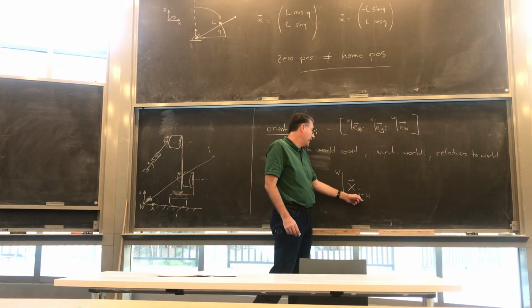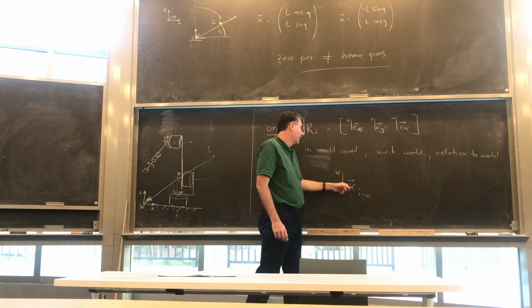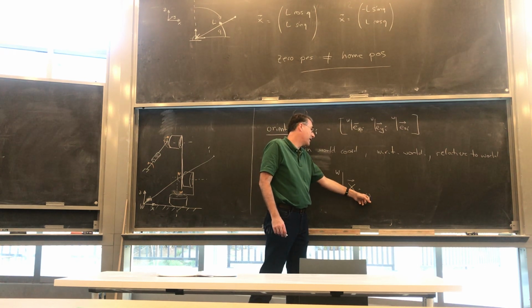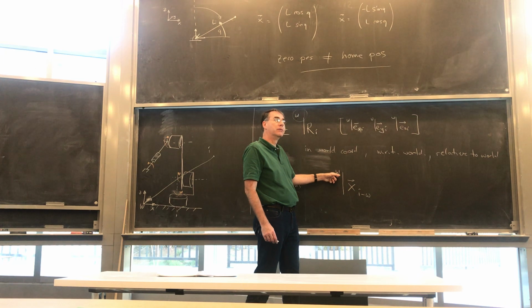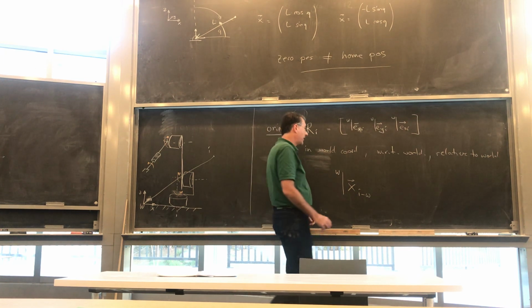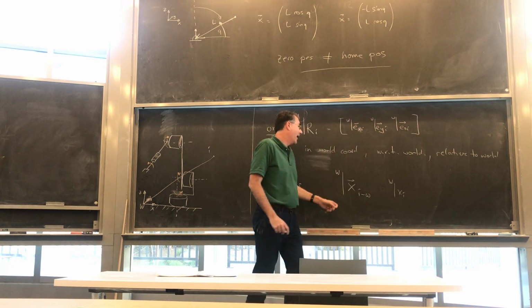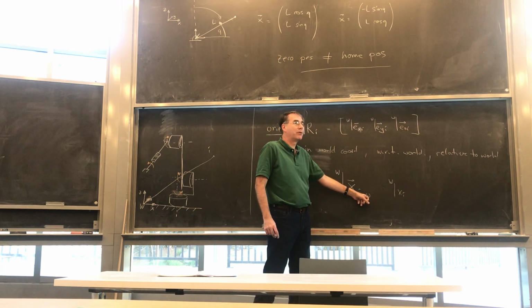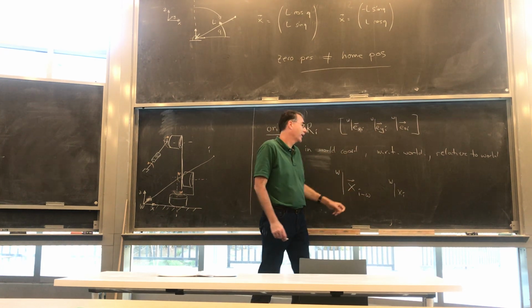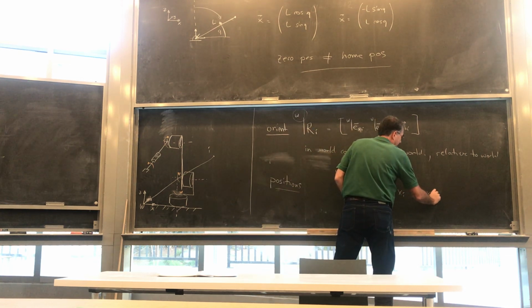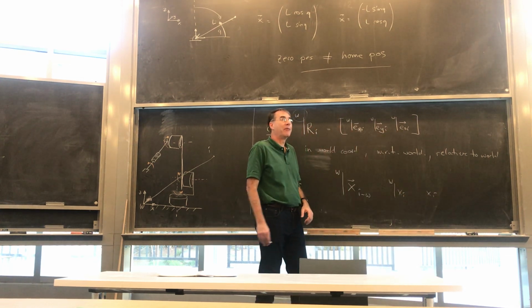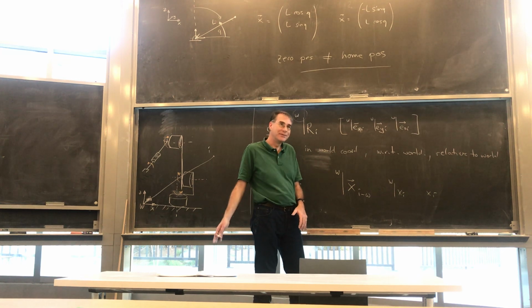Basically, it is generally implied that I is relative to w expressed in coordinates of w. So a lot of times people just write IF, do this, and it is implied that it's relative to world. Or a lot of times people just write xi, and it is implied that it is relative to world.